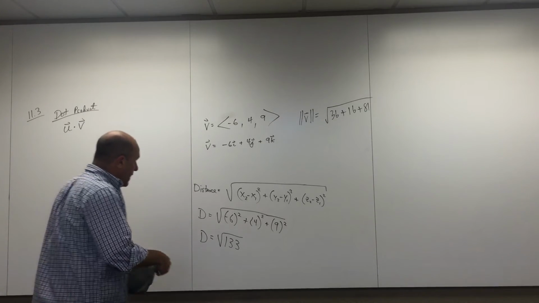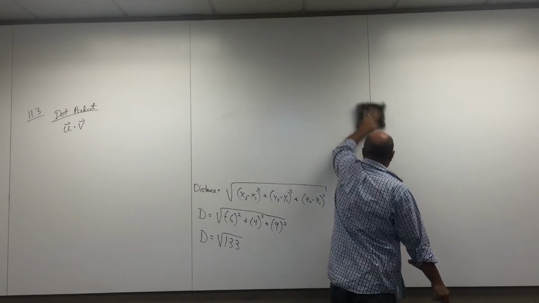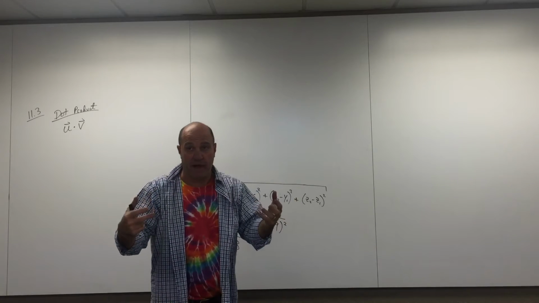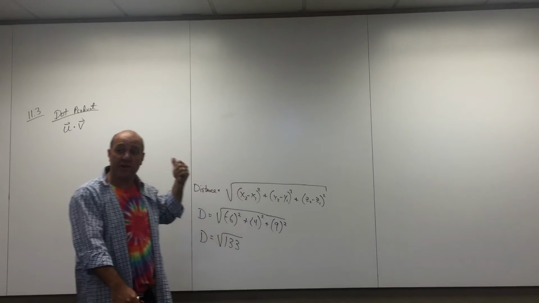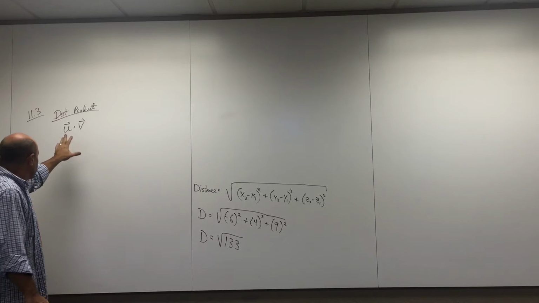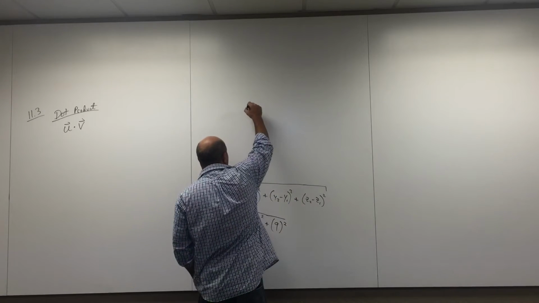Not to confuse you, but there are 2 ways to multiply vectors. So in 11.3, we'll discuss the dot product. I'll teach you about that in just a minute. But I just want to tell you that there's another multiplication of vectors up in 11.4.